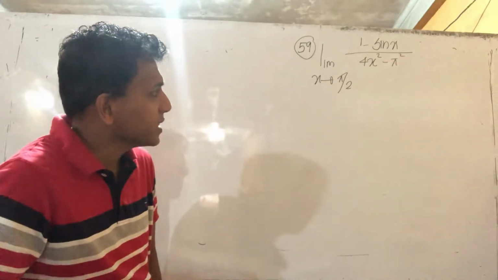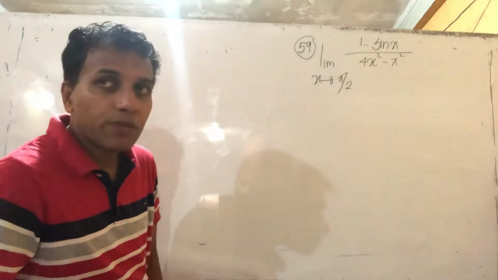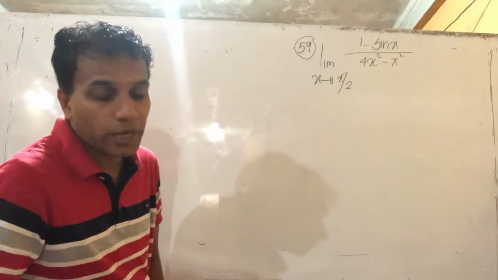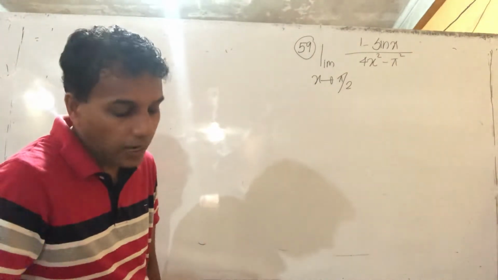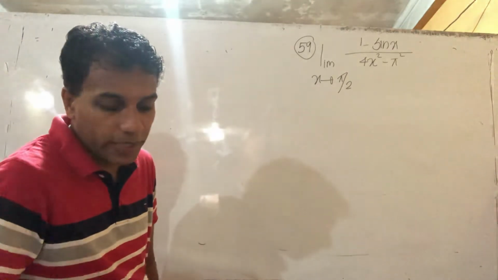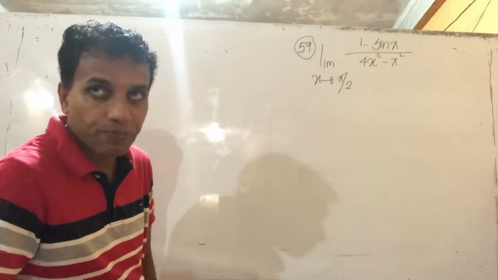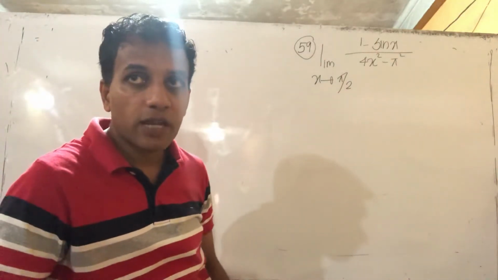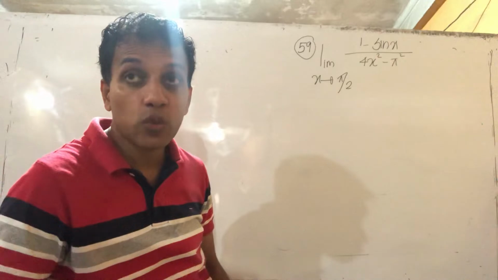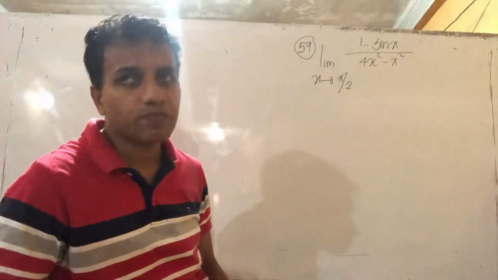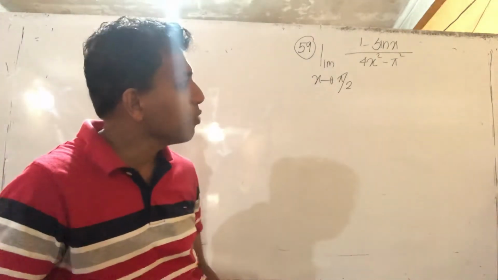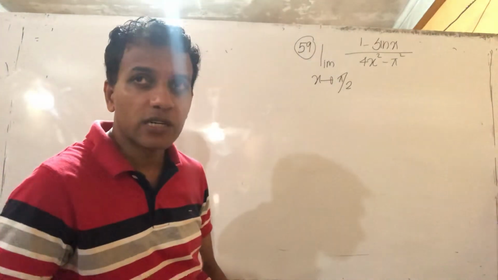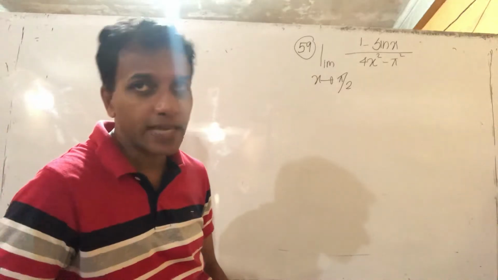I'll show one method. See, first step, you multiply above and below by 1 plus sine x, okay? Multiply the numerator and the denominator by 1 plus sine x first. So what happens if you multiply 1 plus sine in the numerator: 1 minus sine, 1 plus sine, 1 minus sine square, that is cos square. Below 1 plus sine, so no problem when you use trigonometric or any other limit theorem, okay?